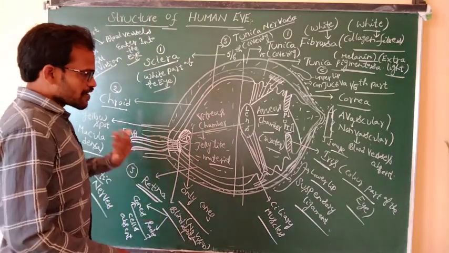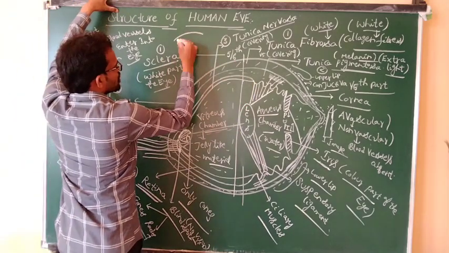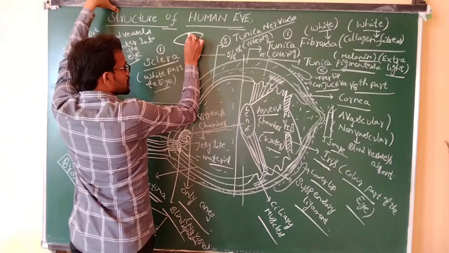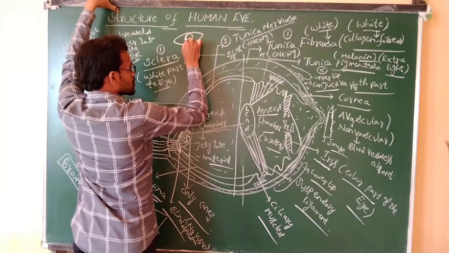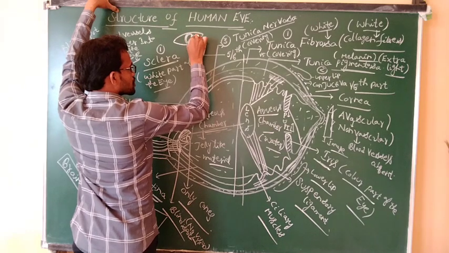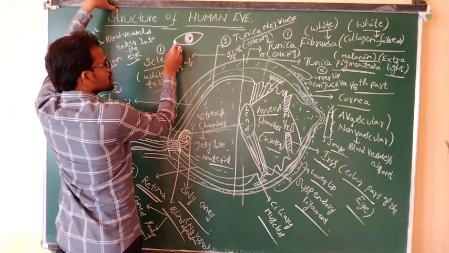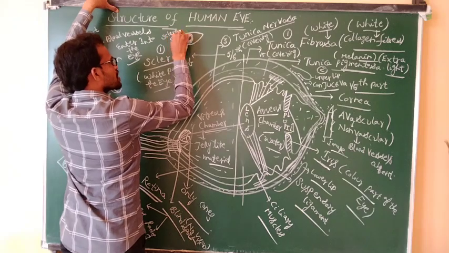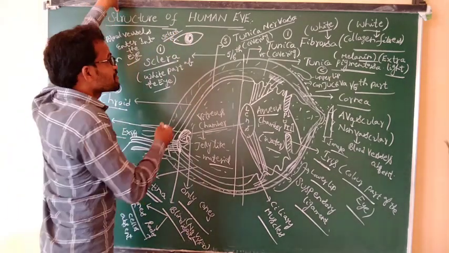If you observe our human eye, for example your eye, it consists of a lens. This white color part in our eyes is known as the sclera.